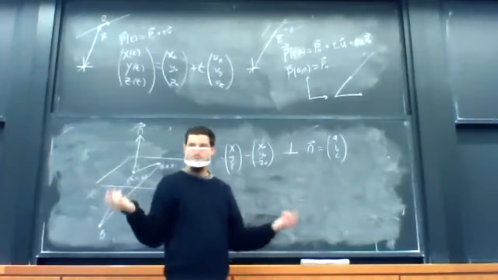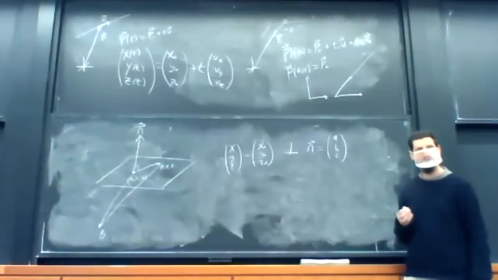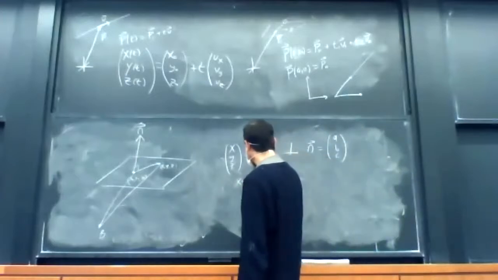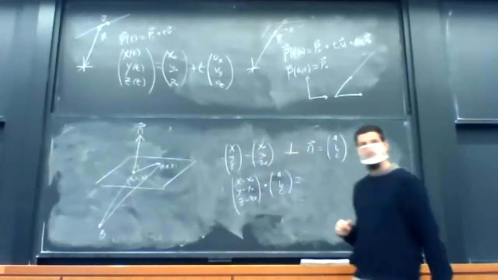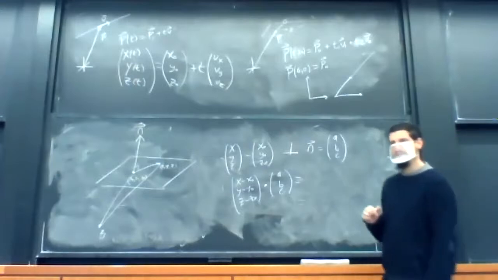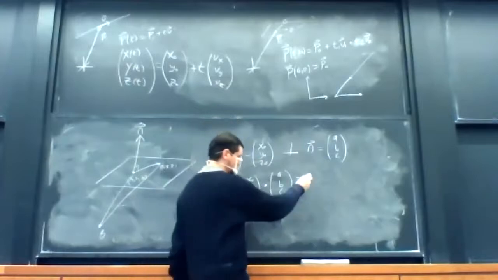So what is true about two vectors' dot product if they're perpendicular? It's 0. So we want (x minus x naught, y minus y naught, z minus z naught) dotted with (a, b, c), and is it 0 the number or 0 the vector? 0 the number.